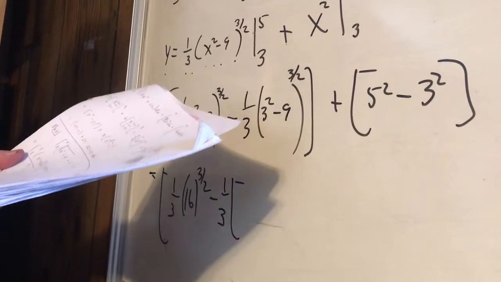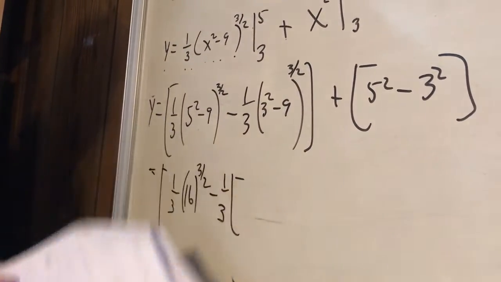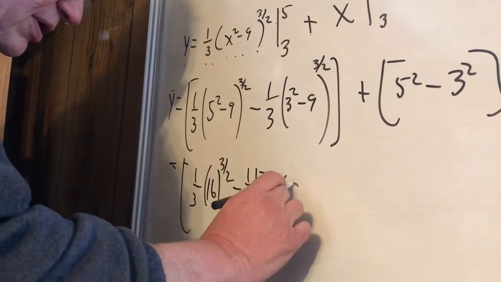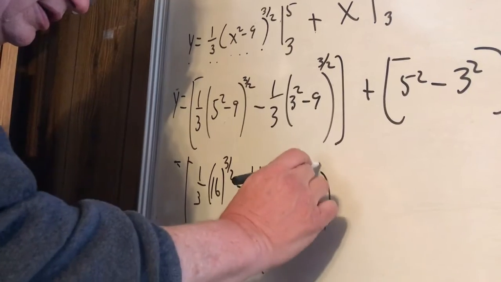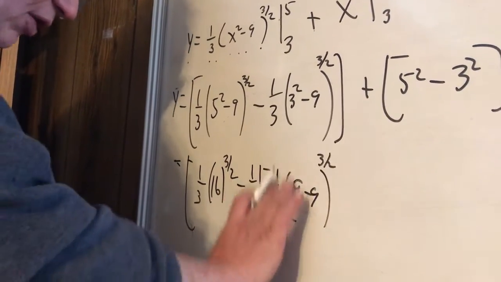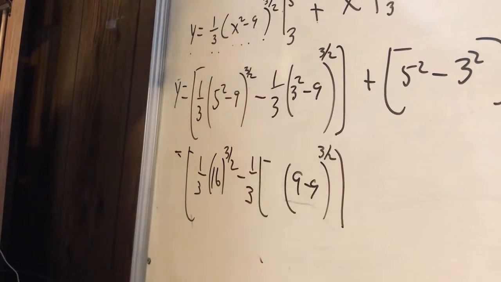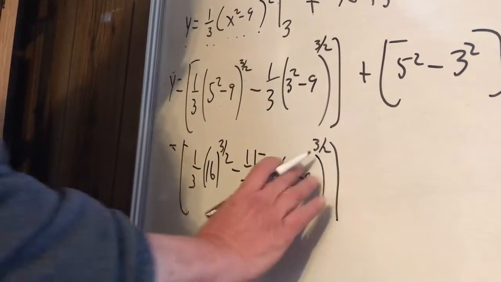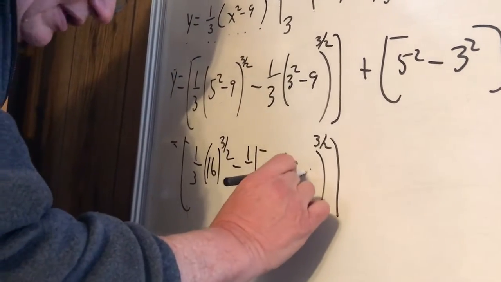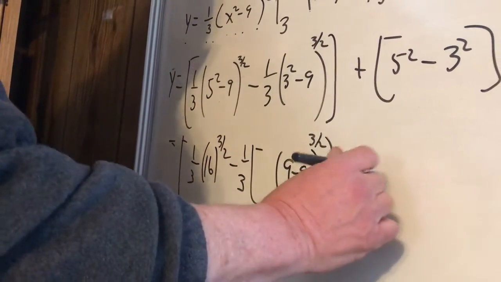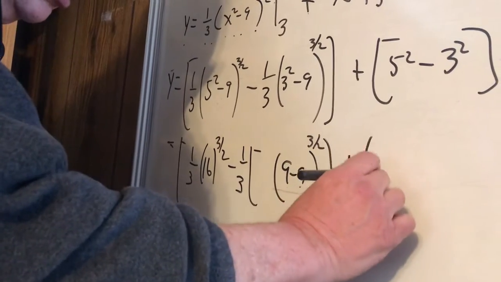Notice we get 9 minus 9. So what do we get? 1/3, 9 minus 9. I think you have the 1/3 twice. It doesn't matter. Oh, yeah. No, it does matter. There it does. So 9 minus 9 is 0. So luckily this cancels out. Adding 25 minus 9.